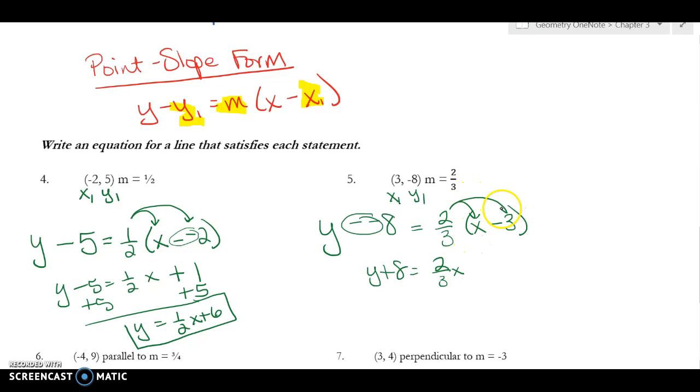When I do this, I get 6 over 3, because 2 times 3 is 6 over 3. But 6 divided by 3 is just 2, so I can write plus 2. Now to finish this off, I have to subtract 8 on both sides. And so I get 2/3 x minus 10.